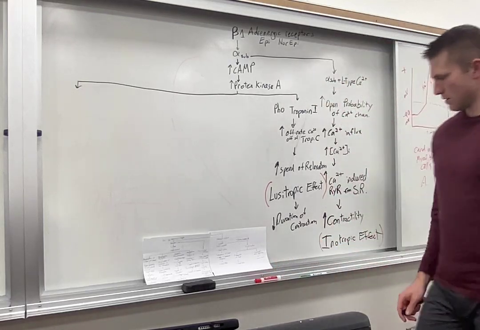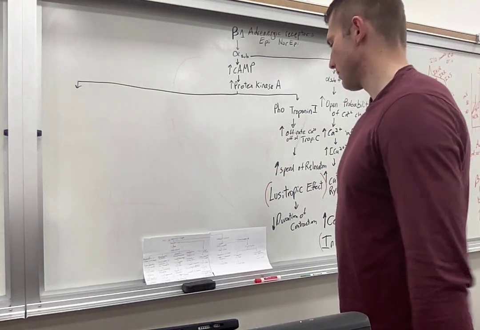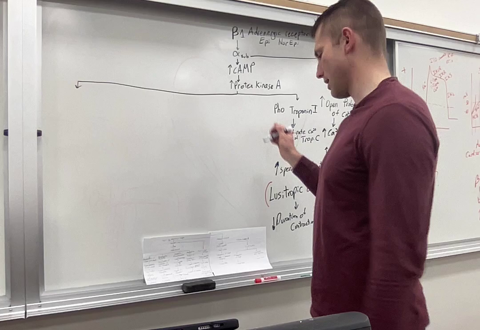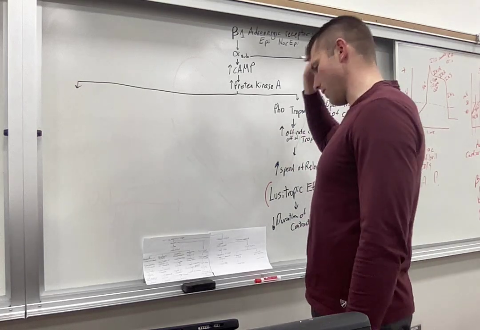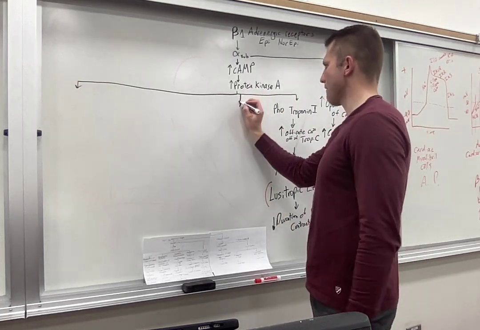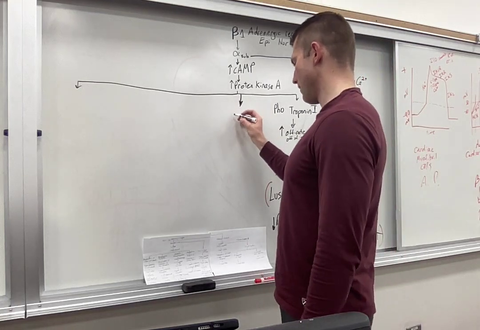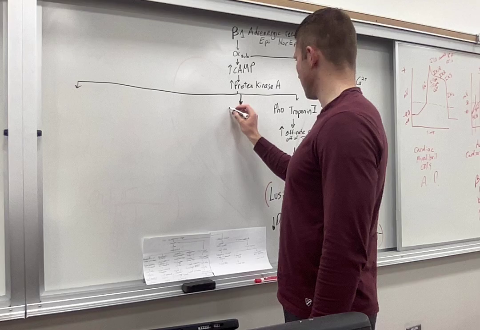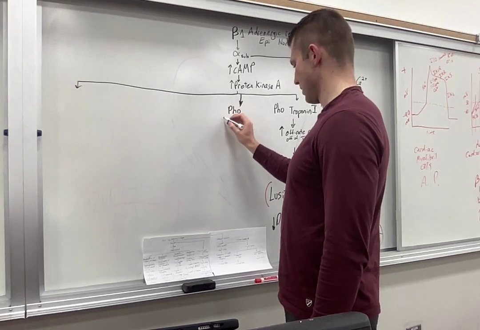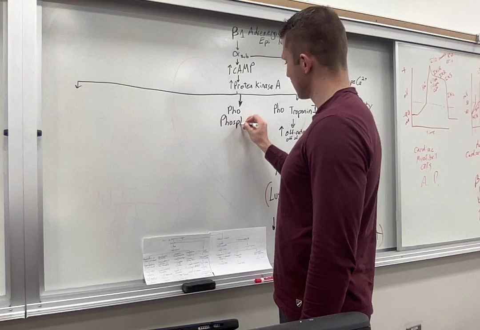Then we're going to go right on to the next thing that PKA phosphorylates. Man, PKA is the homie of this system. So PKA phosphorylates this cool thing called phospholamban.